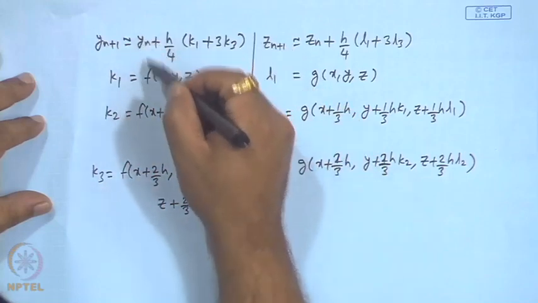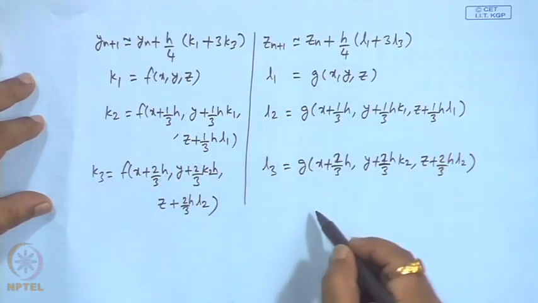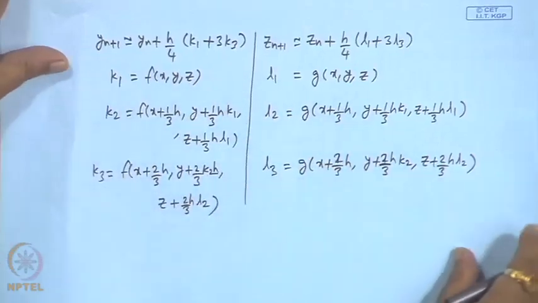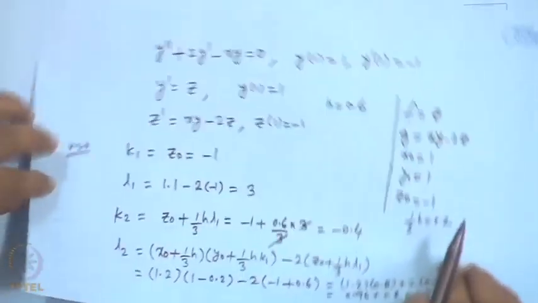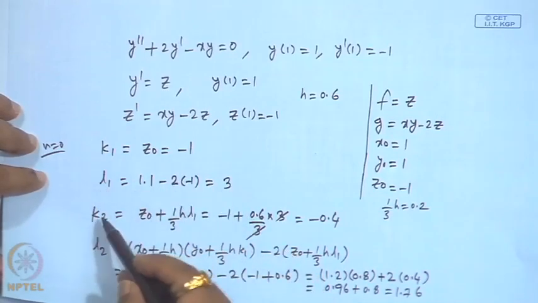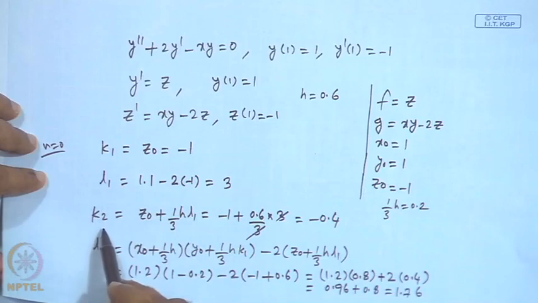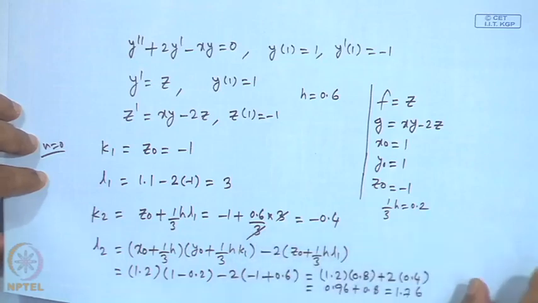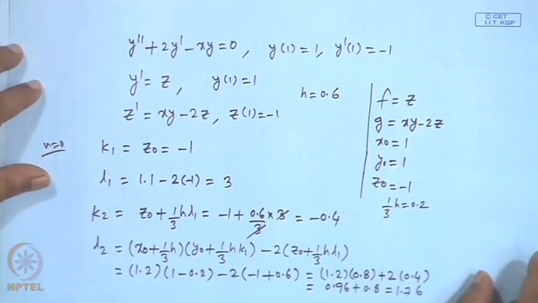One system for one dependent variable, other system for the other, but they are coupled, and the coupling forces that you compute k1, then L1 will be computed. Unless L1 is computed, k2 cannot be computed. Unless L2 is computed, k3 cannot be computed. So, it is coupled in this sense. You may try the RK fourth order for a system of equations, which definitely involves a little bit of algebra.